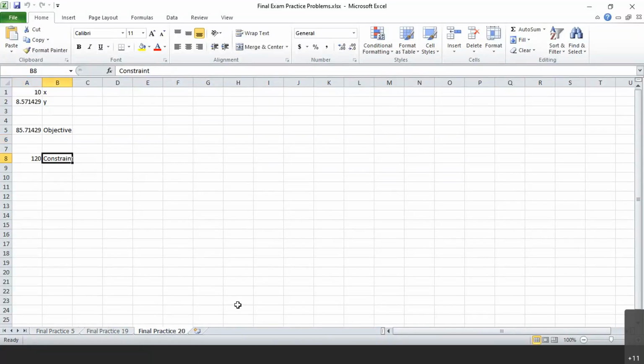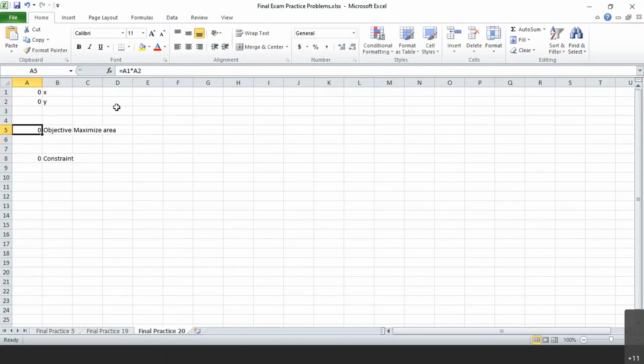So here's 20. I'll start it out from scratch so you can see how I did it. Here are my variables, the variables that I'm interested in optimizing, my decision variables. My objective is the area. I can even say maximize area.